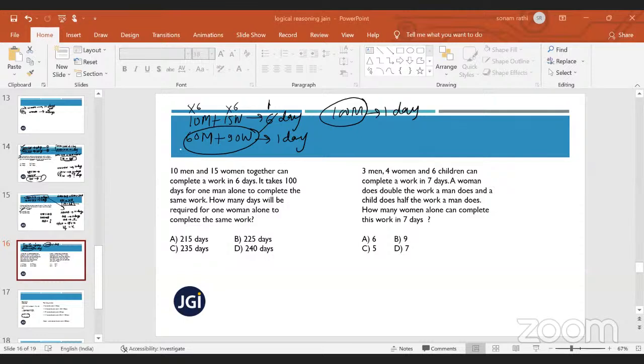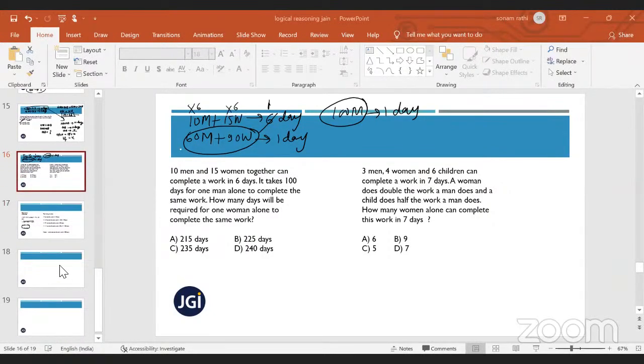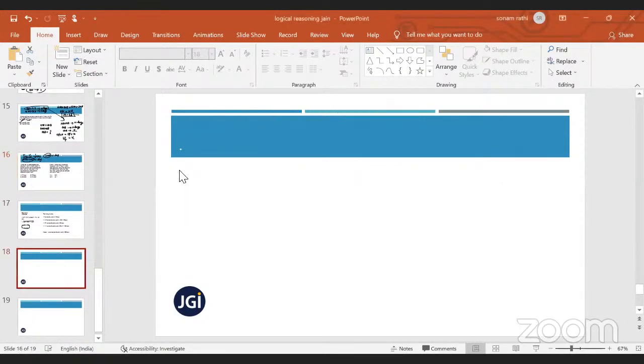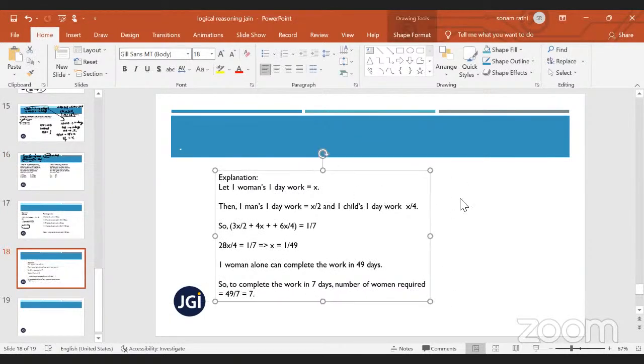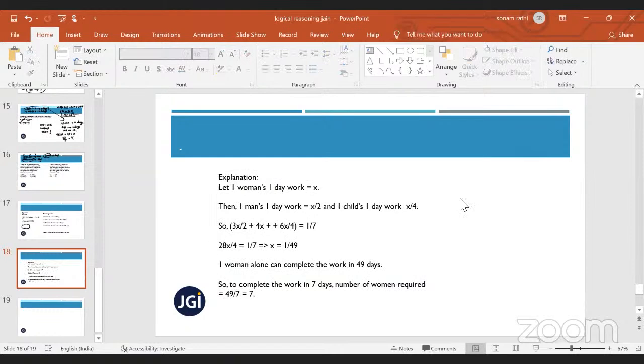Let me give you the explanation. Yes, 7. Everyone is giving me the correct answer. See the explanation. Let's say one woman's one day work is X. So a man's one day work is X by 2. A child's will be X by 4 because the question is given that, right?